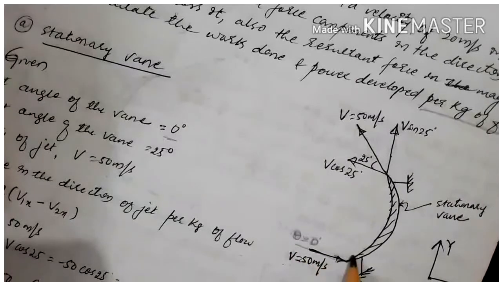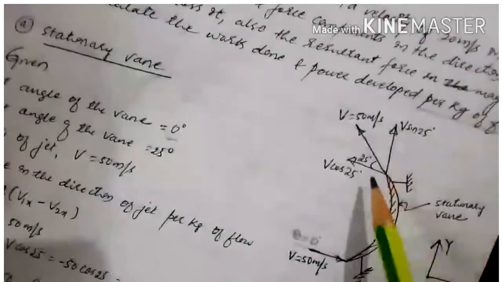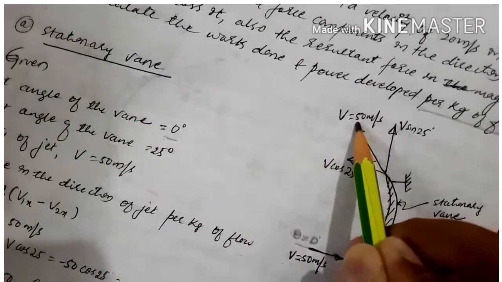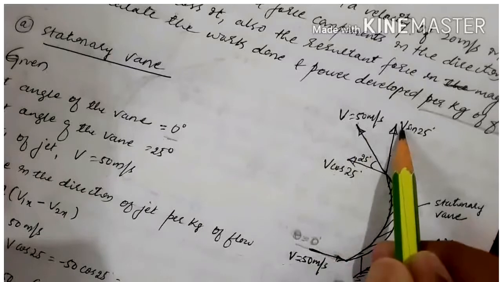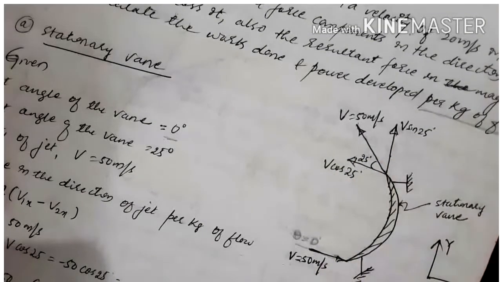So it enters and glides over the surface. Then it exits by making an angle of 25 degree with the same velocity. When we resolve this, we get the vertical and horizontal components, V cos 25 and V sin 25. So this is a stationary vane.